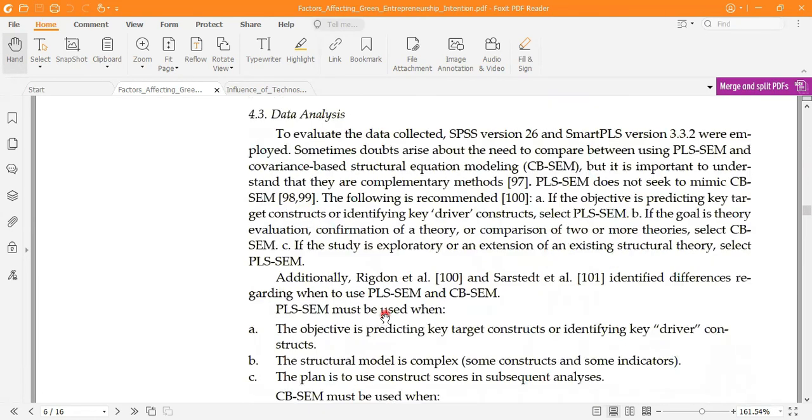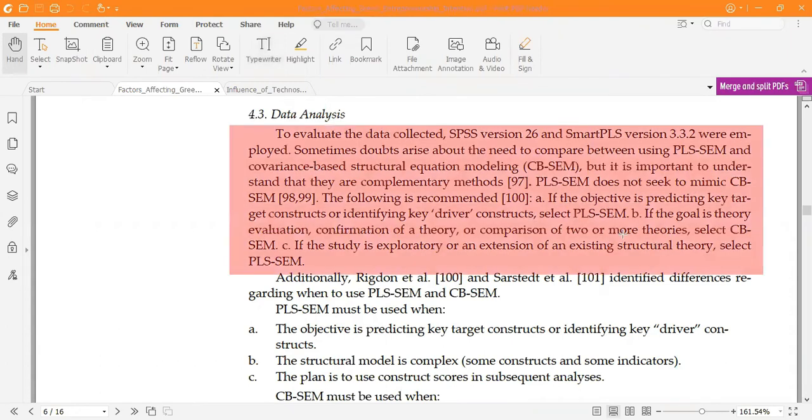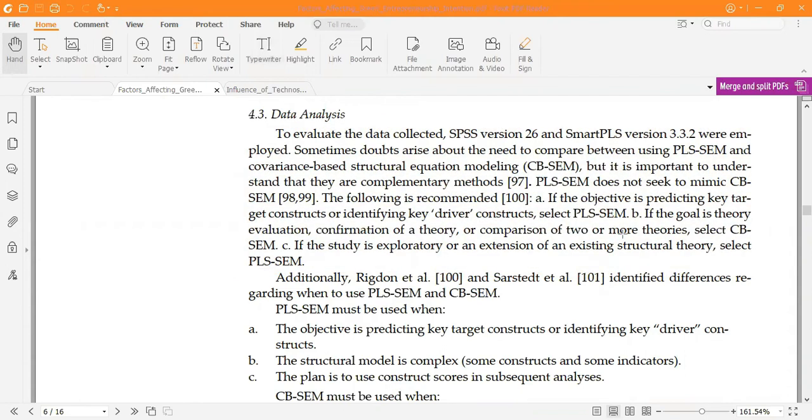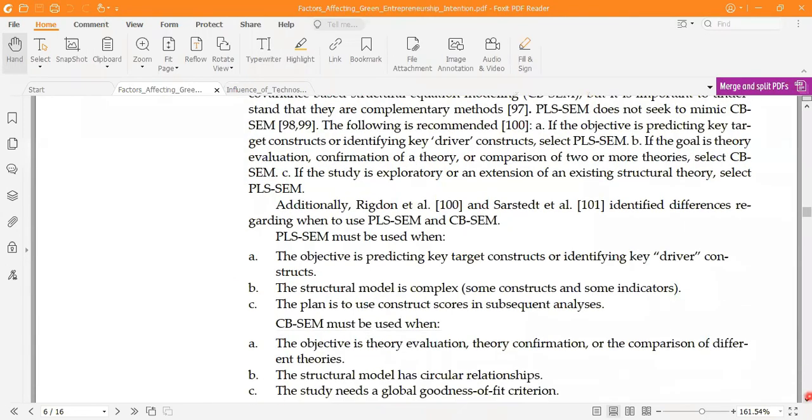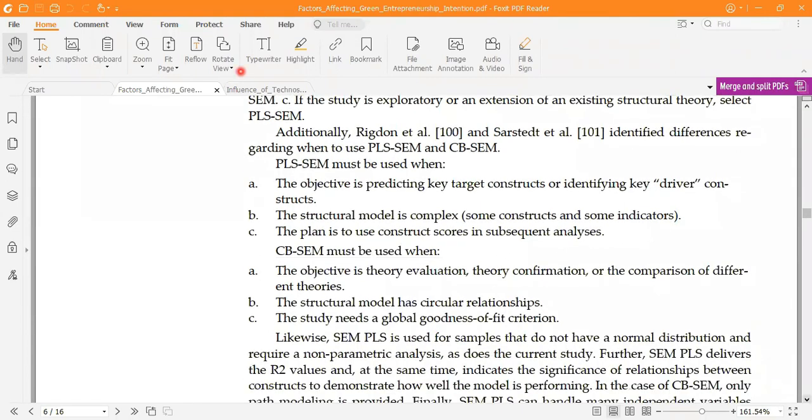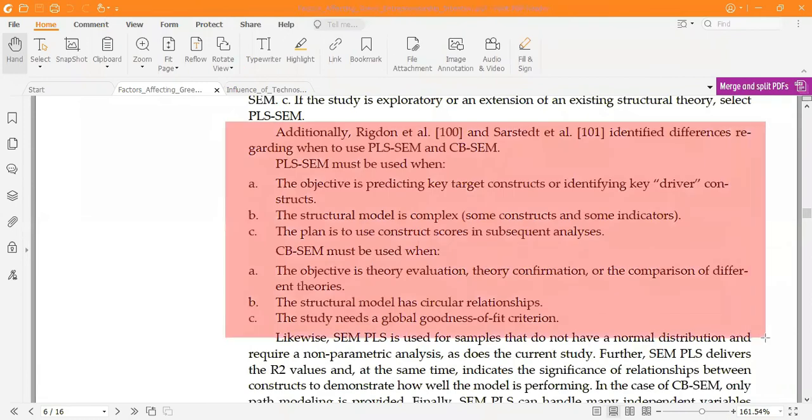The good thing is that it provides some good justification for why they used SmartPLS instead of covariance-based structural equation modeling software like AMOS or Mplus. So the good justifications are there. In your free time, you can read these justifications, and if you come down, further justifications are there for why they used SmartPLS.